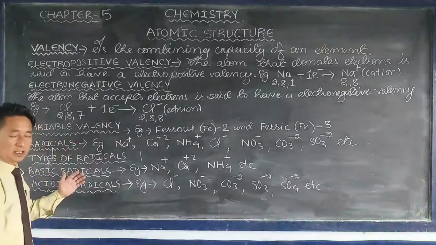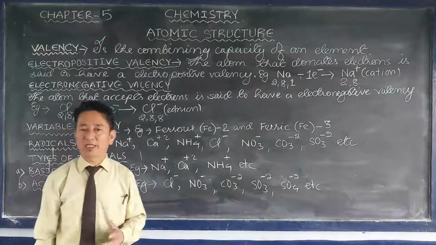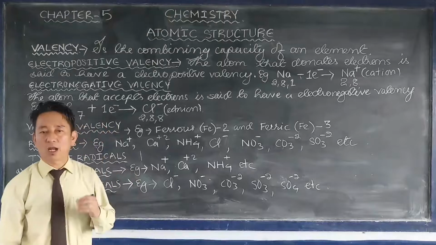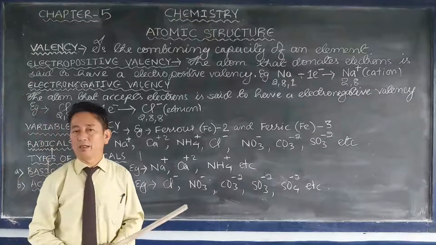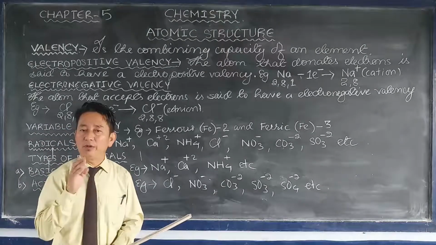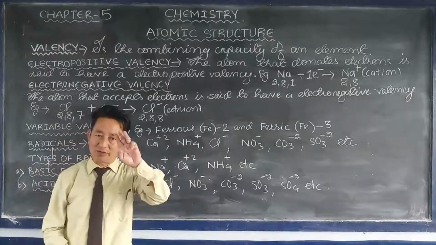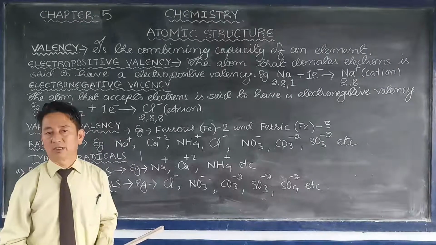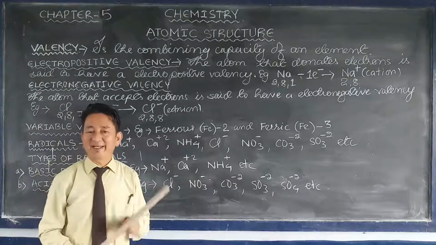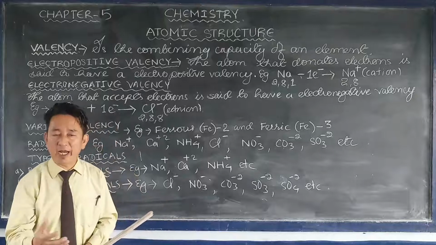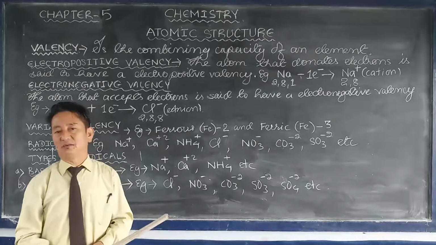Before I start this, I would like to recapitulate what we have done in the previous class. As you know, the chemical behavior of atoms is of three types. First one, tendency to donate or to lose valence electrons.